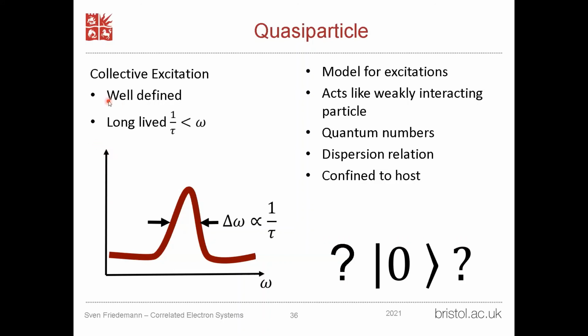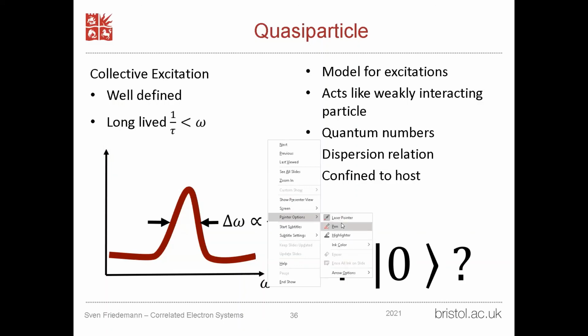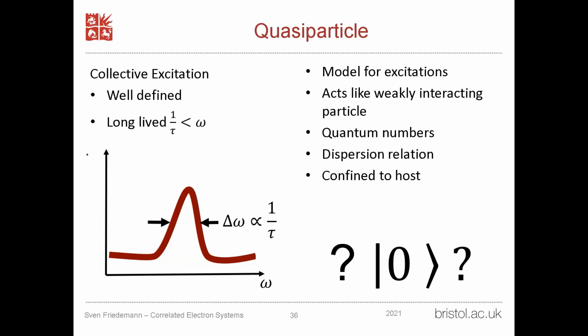So let me actually make a sketch about this. Let's call this I for an intensity, which is similar to a spectral weight. Now, if we draw the occupation number versus energy, we've made the argument that there will be a finite quasiparticle weight, and that's exactly what produces a nice peak here.